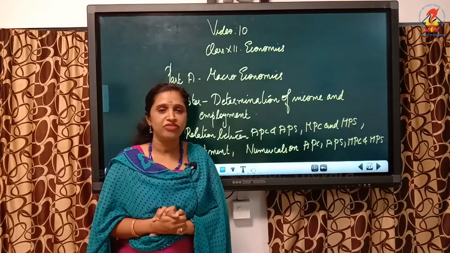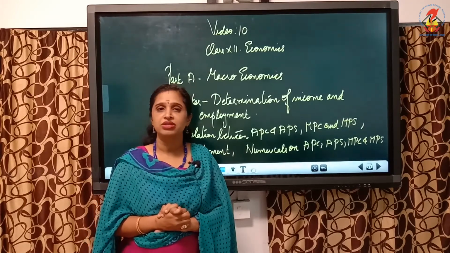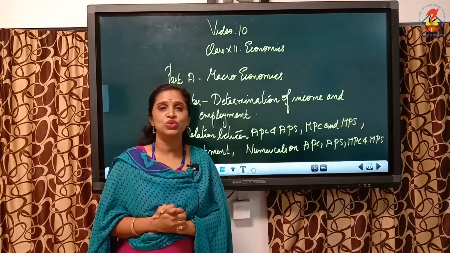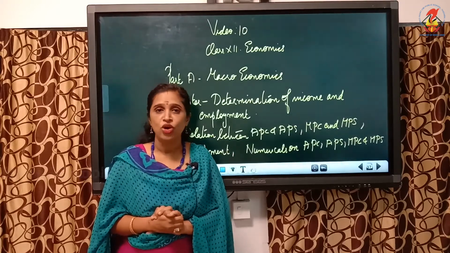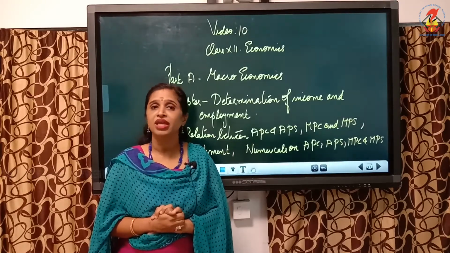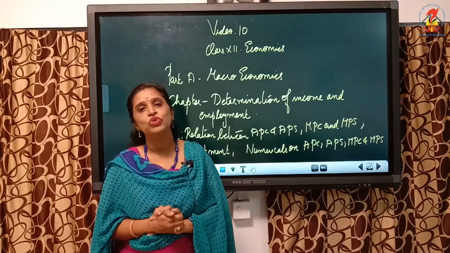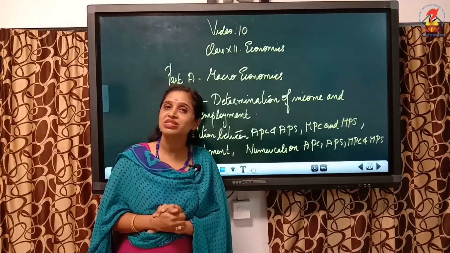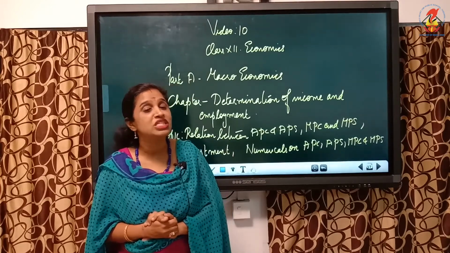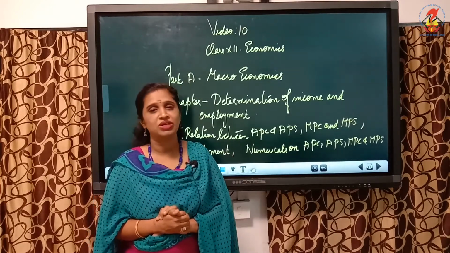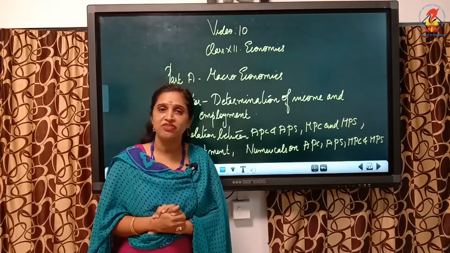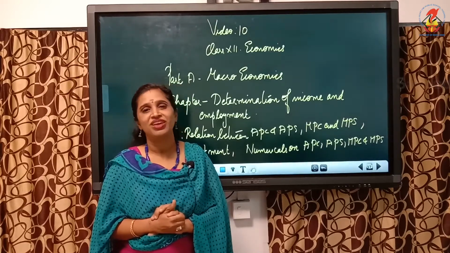Now so far we have completed the concepts related to saving and consumption. Now we have to discuss investment. I told you Keynes has explained his theory with AD is equal to C plus I, AS is equal to C plus S. C stands for consumption, S stands for saving and I stands for investment.